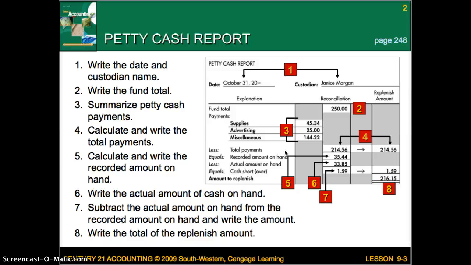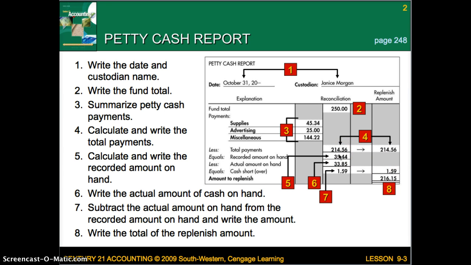Okay, we need to summarize our petty cash payments. So we used $45 for some supplies, $25 for advertising, and $144 for miscellaneous. Just little things that people needed, then they used this petty cash fund for. We need to calculate and write the total payments. Okay, so here is our total payments.